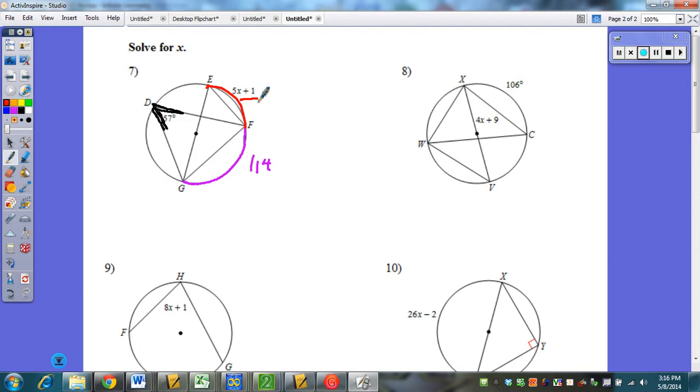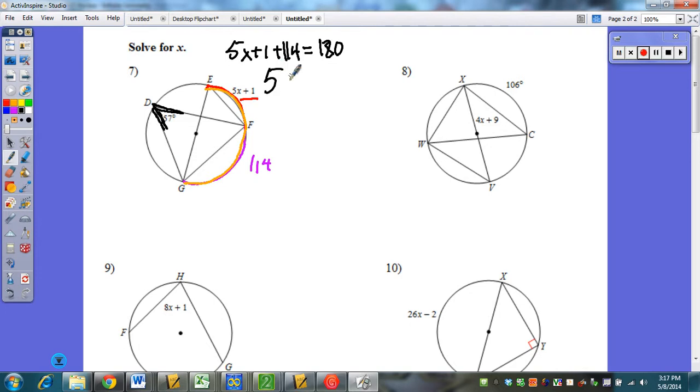It's equal to 5x plus 1. So if I was to take both of those arcs and add them together, well, they should equal a semicircle, which is equal to 180 degrees. So then we have 5x plus 1 plus this arc right here, 114, and that equals 180.